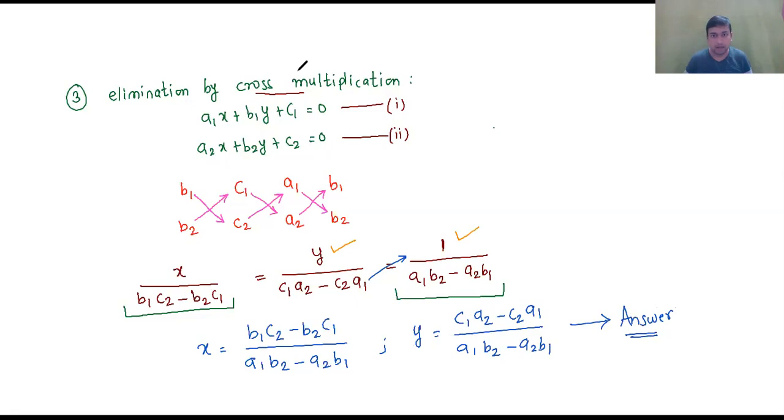Let us see one example on this. Suppose it is asked to solve the following equations, that is 3x plus 2y plus 25 is equal to 0 and x plus y plus 15 is equal to 0. These are the two equations given to you and you have to solve them.